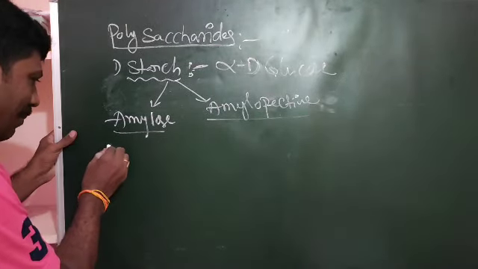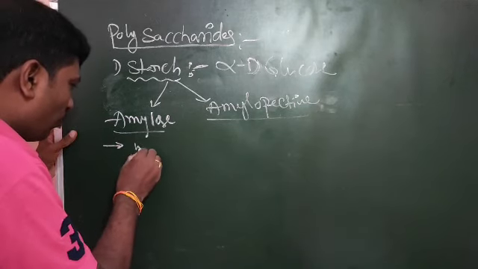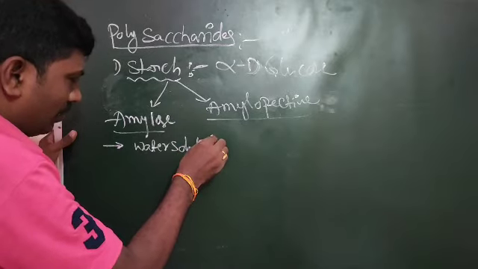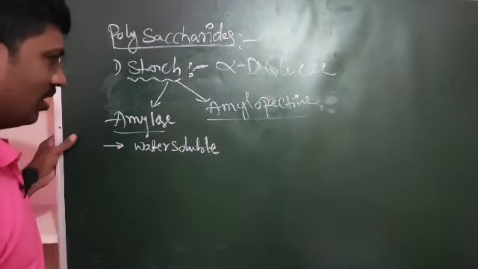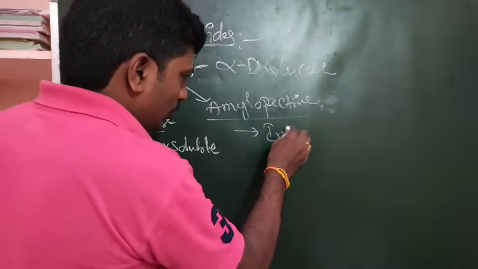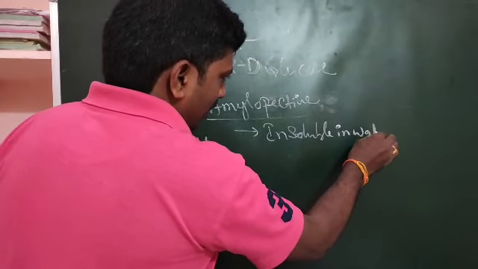Here amylose is a water soluble component. Amylopectin is insoluble in water.